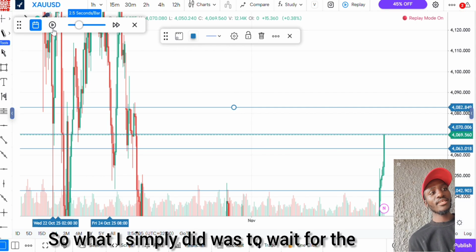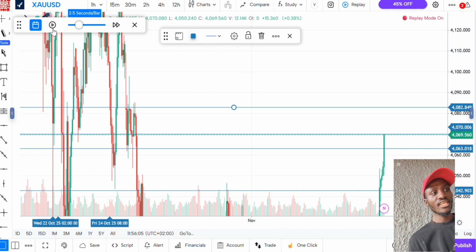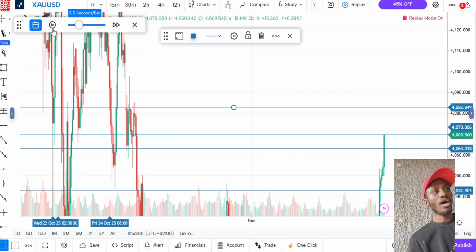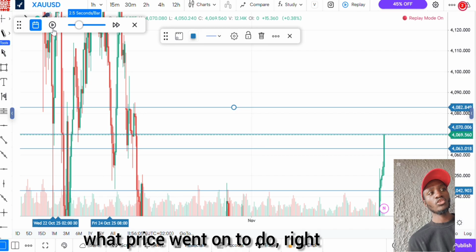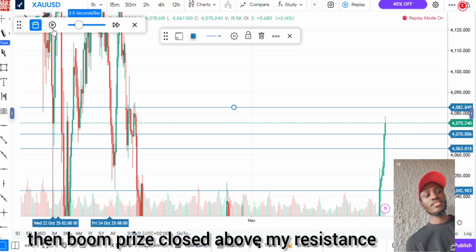So what I simply did was wait for the 1-hour candle to close, which it did. It actually closed above. Let me just replay so that you guys can see what price went on to do. Then boom, price closed above my resistance.